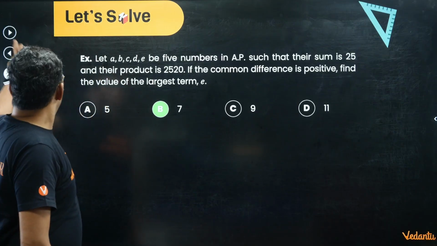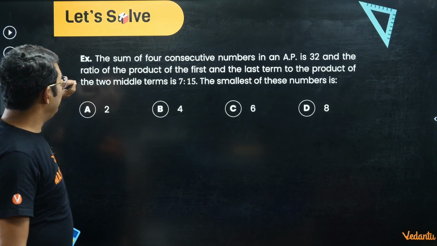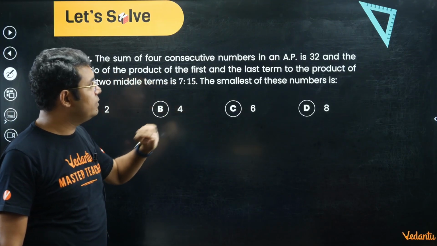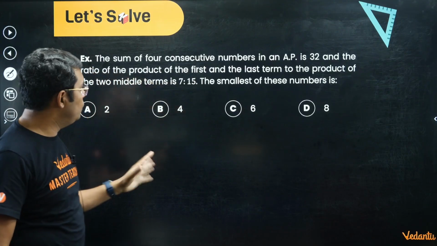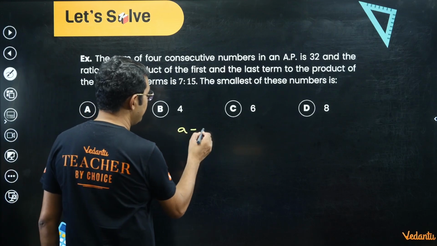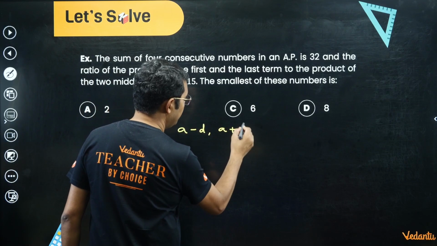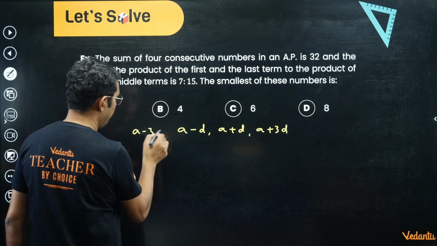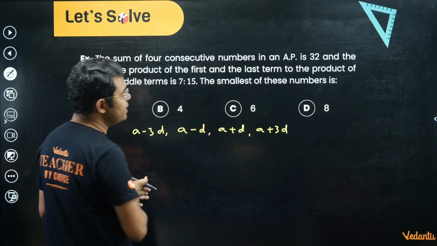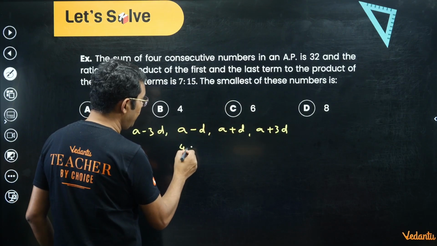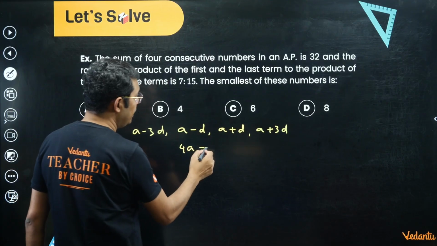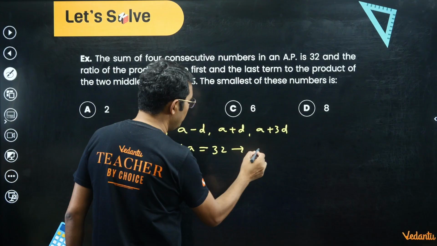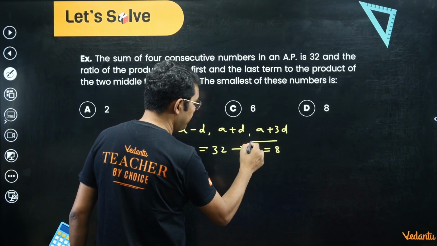Okay, coming to the next question, we are given sum of 4 consecutive terms in an AP is 32. So 4 terms means we will be taking A minus D, A plus D, A plus 3D, and A minus 3D. Because sum is involved, we will be taking like this, and sum will be 4A because all D will cancel, is equal to 32, will give you A as equal to 8.